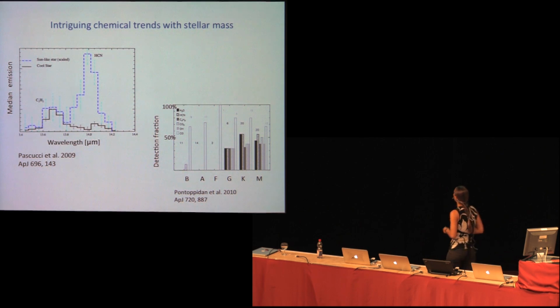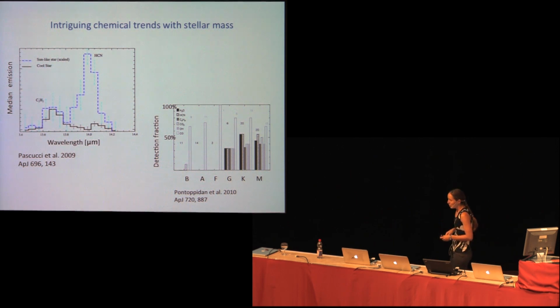We heard a little bit about some intriguing chemistry trends with stellar mass from Dmitry Semenov, but I want to bring up a couple other ones. So one is that, as we already said, if you look at low mass stars, they're very molecule rich. However, if you look at high mass stars, they're very molecule poor. So that's an intriguing hint that the chemistry in these two types of disks are quite different.